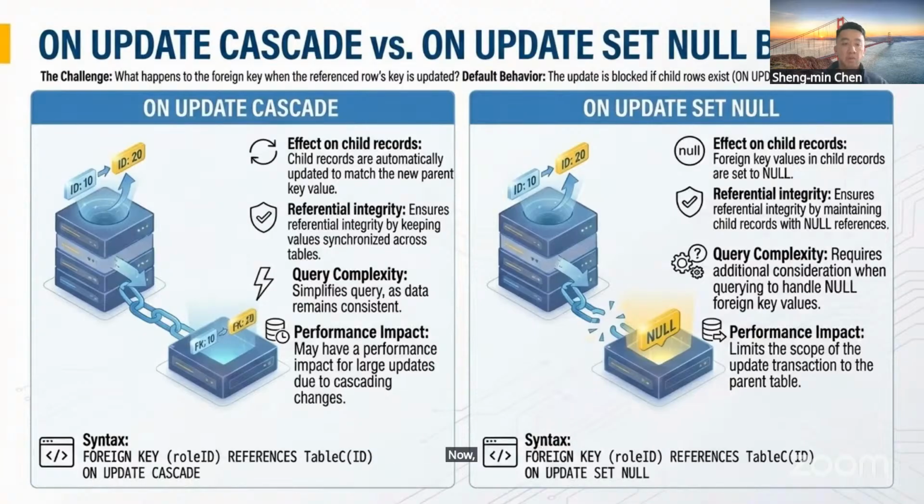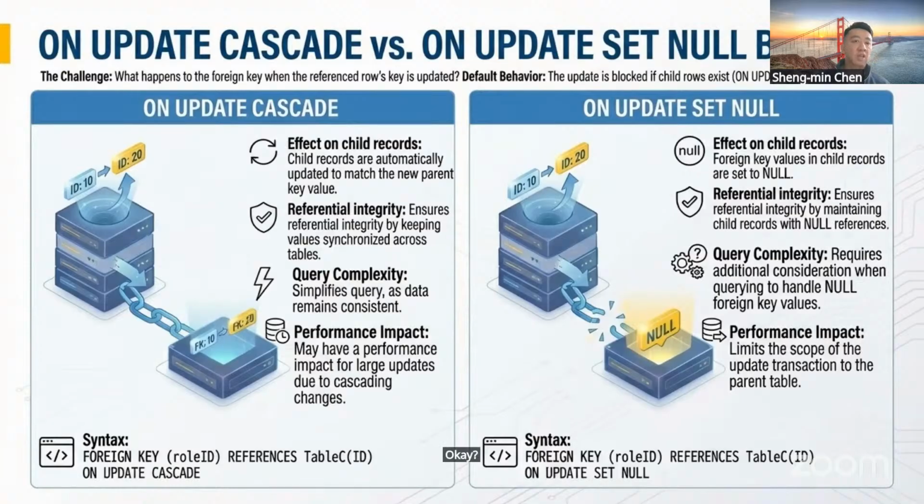Now, same example, same background context. The difference here is that today, whoever is the administrator, whether intentionally or unintentionally, is about to update my primary key, that column, that ID. Okay?